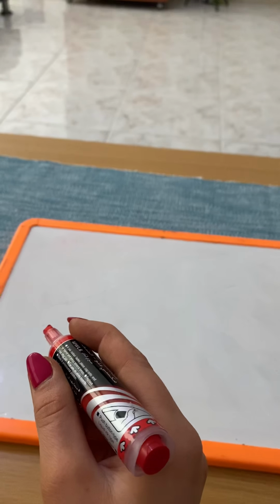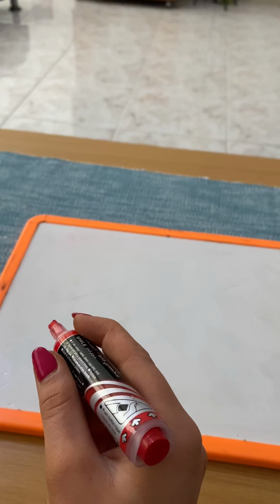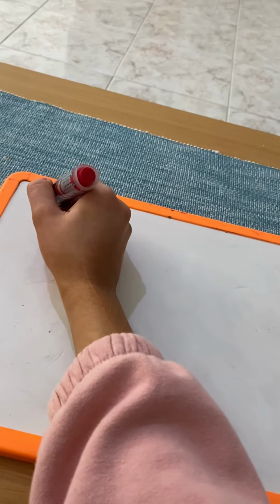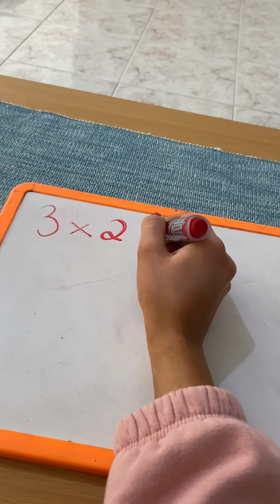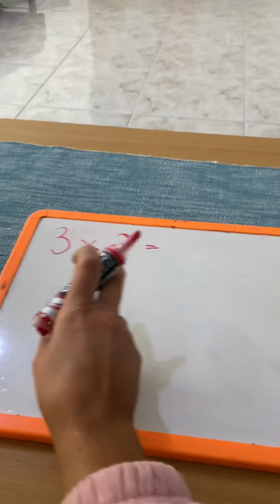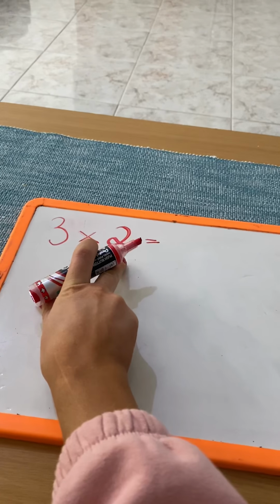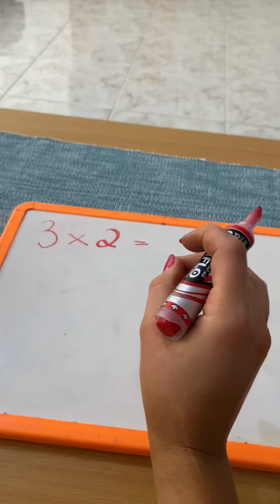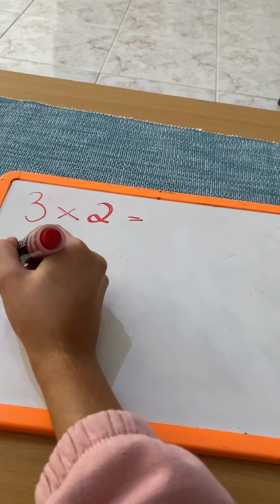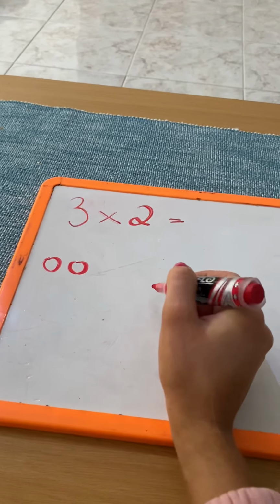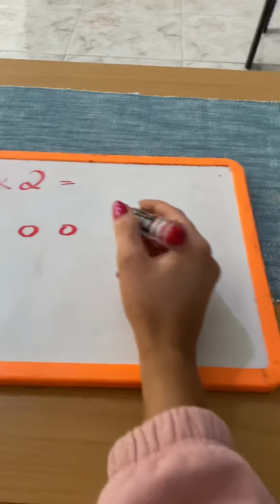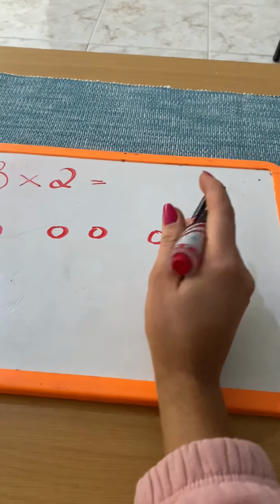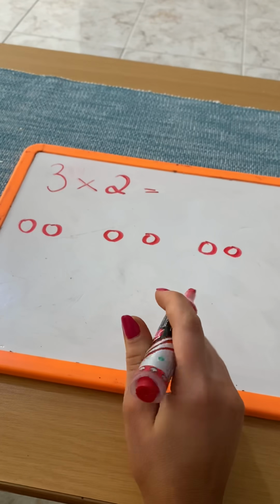For example, if we saw the sum 3 times 2, we're saying that we have the number 2 3 times. For example, here we have the number 2 once, here we have the number 2 twice, now we have the number 2 3 times.